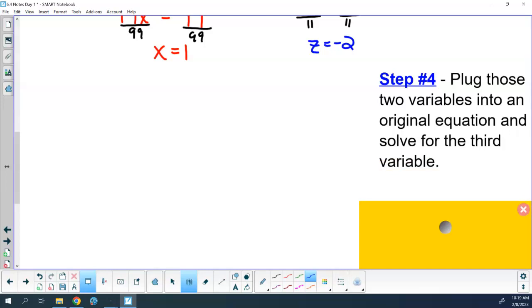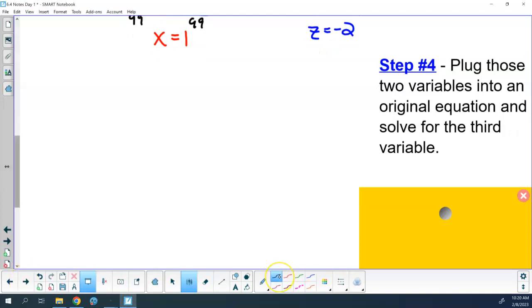Which original equation? I'm going to scroll. Actually, I won't, because I don't want to get people sick on the interwebs. So my top equation was what? 3x plus y minus 2z equals 10.